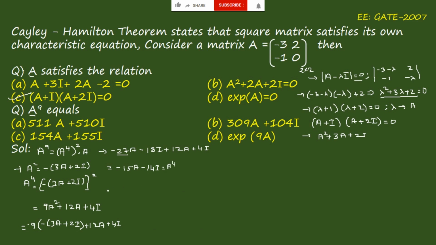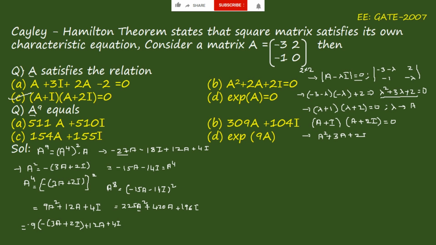Now find the value of A power 8. We just square this particular value. We get minus 15A minus 14I whole square, which is equal to 15 square becomes 225A square, plus 15 into 14 into 2, it becomes 420A, plus 196I.